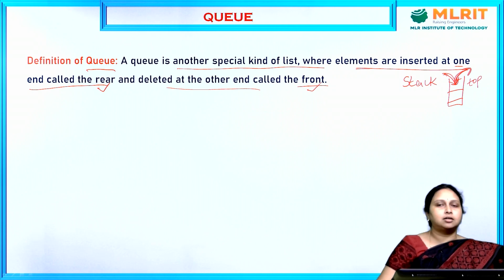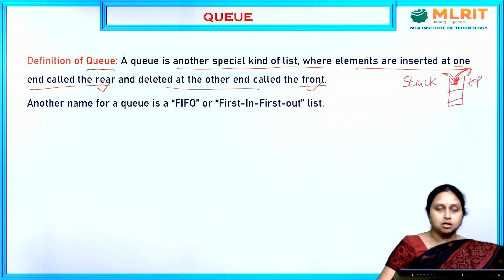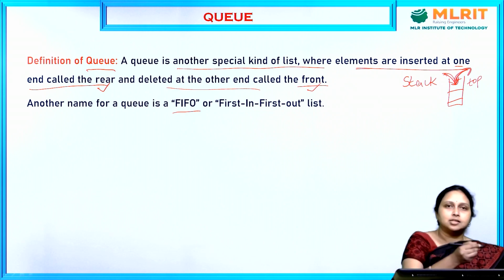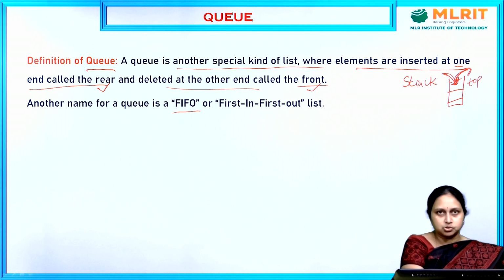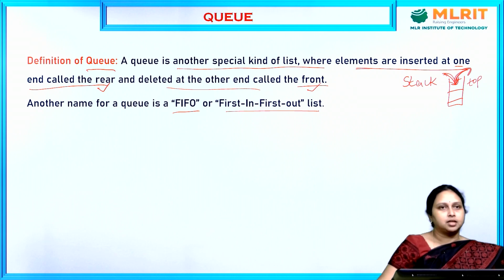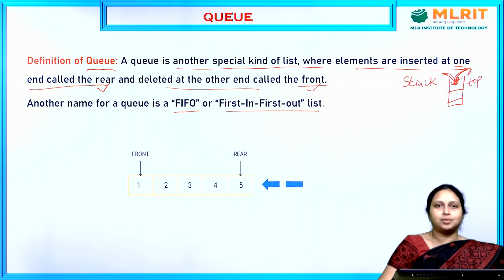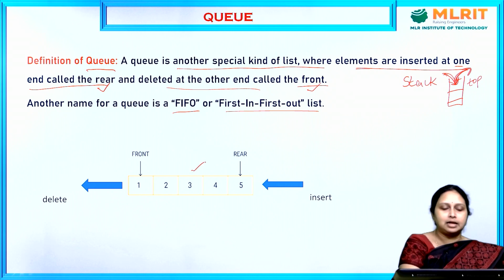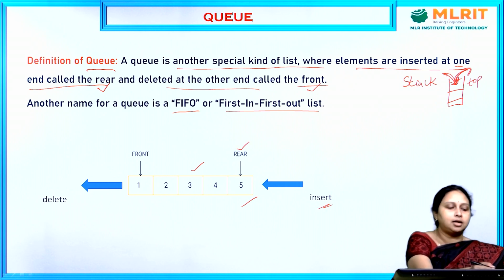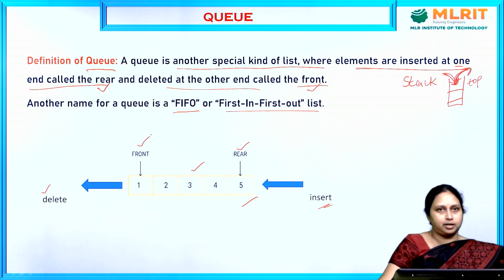Let us see the diagrammatic representation of this queue, and before that, the queue follows a principle called FIFO. The stack follows LIFO, that is last in first out, and the queue follows FIFO, that is first in first out. Let us see the diagrammatic representation of Q, how we are going to perform the insertion as well as deletion. Here you have the list of elements where we store 1, 2, 3, 4, 5 in a list, and in this the insertion is possible at rear end and deletion is possible at front end, right?